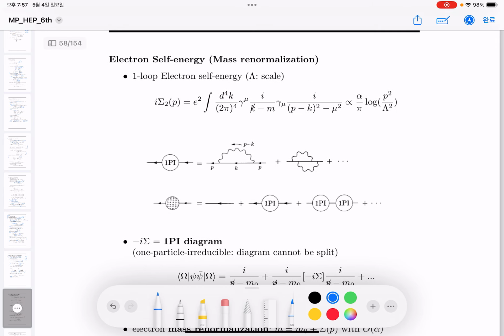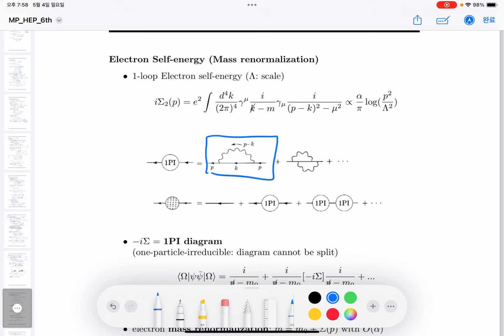Next, I will turn to the mass renormalization, which arises from the electron self energy in the QED process. For the electron propagator or fermion propagator, we can consider the loop integration from the following diagram.